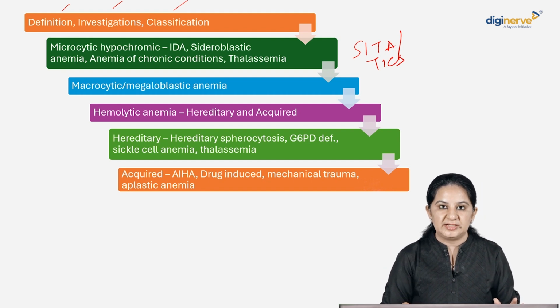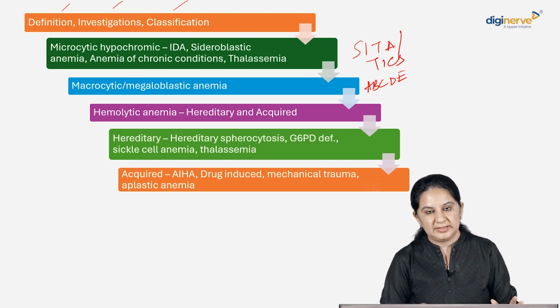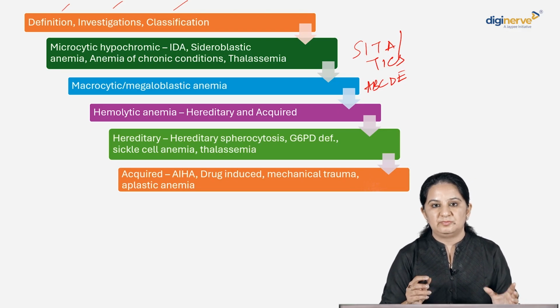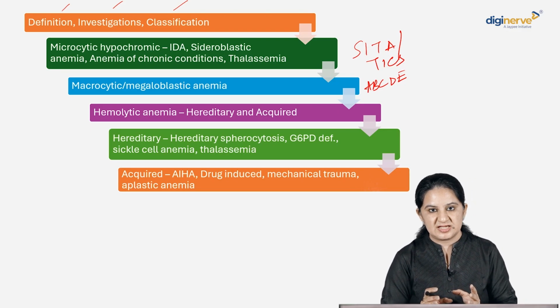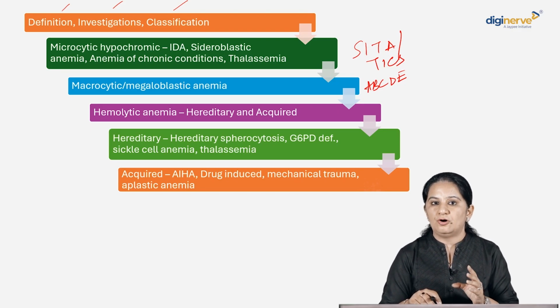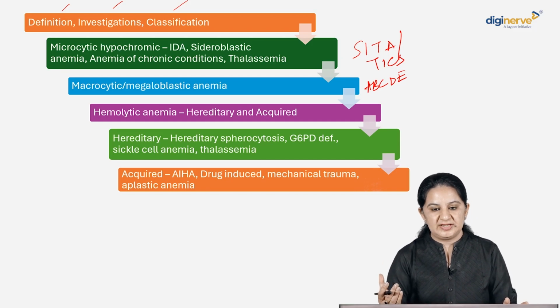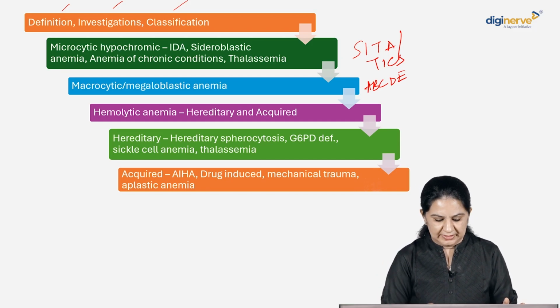Then was macrocytic or megaloblastic. Remember A, B, C, D, E, the causes of macrocytic anemia. Then we studied the hemolytic anemias, the hereditary ones because of defects of the red blood cells, whether within the cells, enzymes or hemoglobin, or of the red cell membrane, and extracorpuscular defects or the acquired hemolytic anemias.